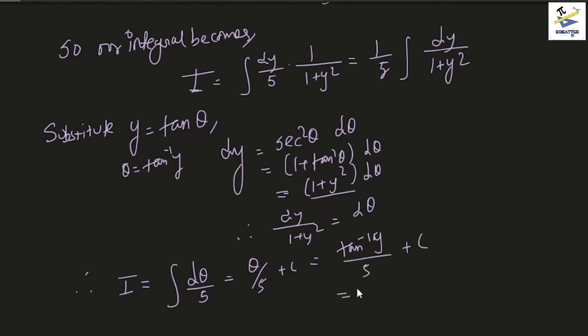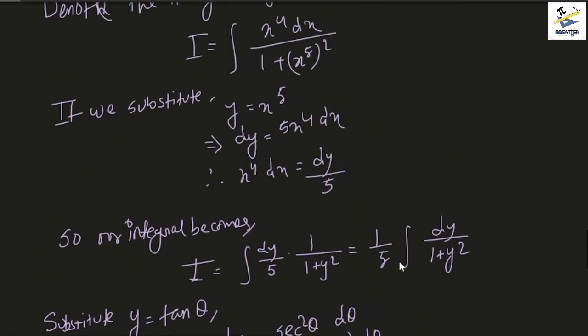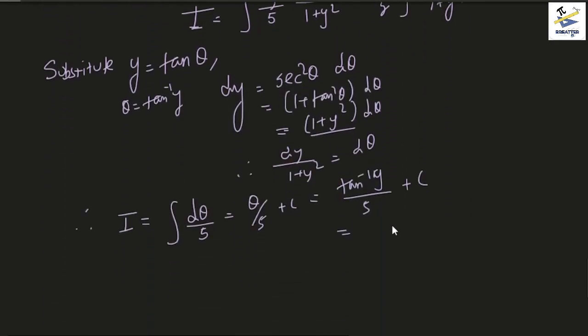But we also need to put back the value of y, which we substituted as x to the power 5. So the answer would be tan inverse of x to the power 5, whole divided by 5, plus c, which is our answer, right? Okay, so this is one problem, and let us do another one.